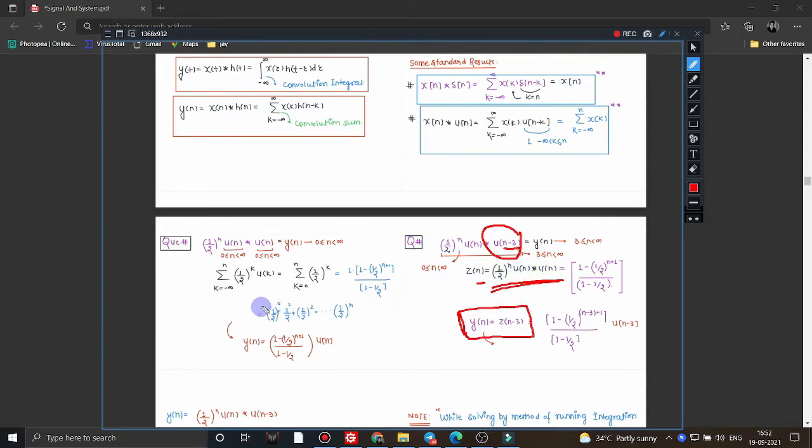We already know from the previous question that we get the result like this, and now we shift this result by 3 units. So now we get the result of y[n].